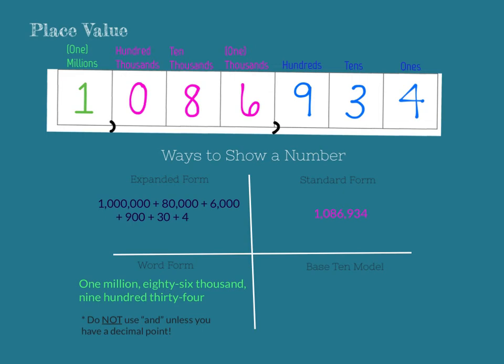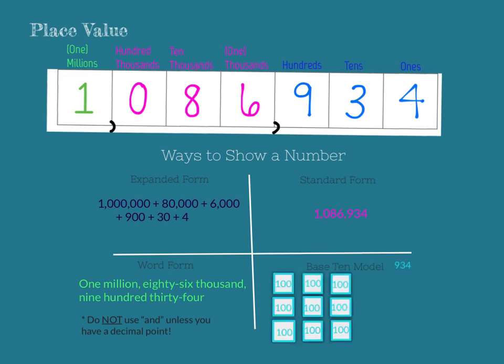Now, I know these are really large numbers, so we're going to stick to just dealing with the values in the hundreds, tens, and ones place. So I'm going to use this base 10 model to model just the numbers here in the blue, the 934. In the base 10 model, we basically have blocks to represent each of the 3 place values for those last 3 digits.